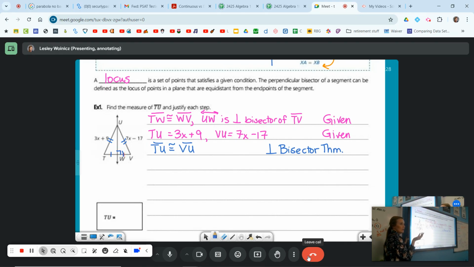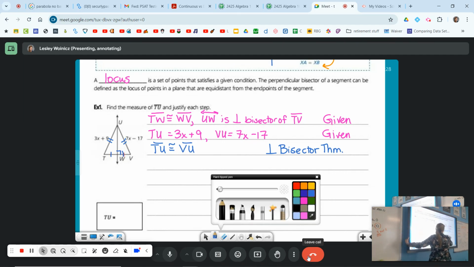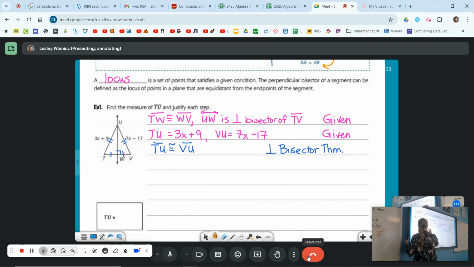I need an equation that I can solve. How do I go from a congruent statement to an equation? If I know that they're congruent, what do I know about their measures? Because of the definition of congruence.